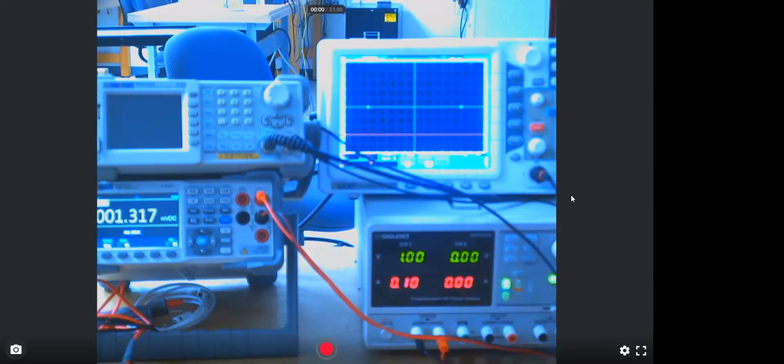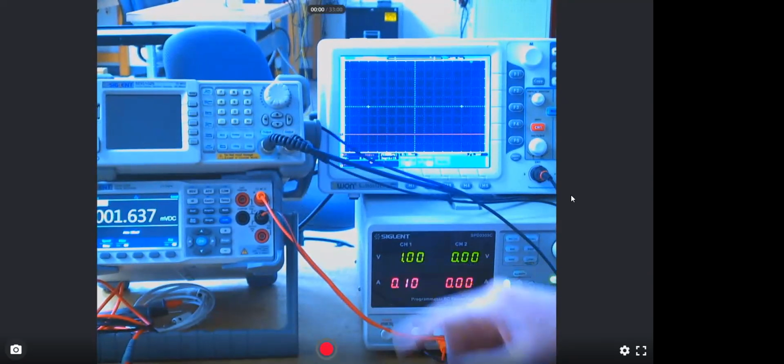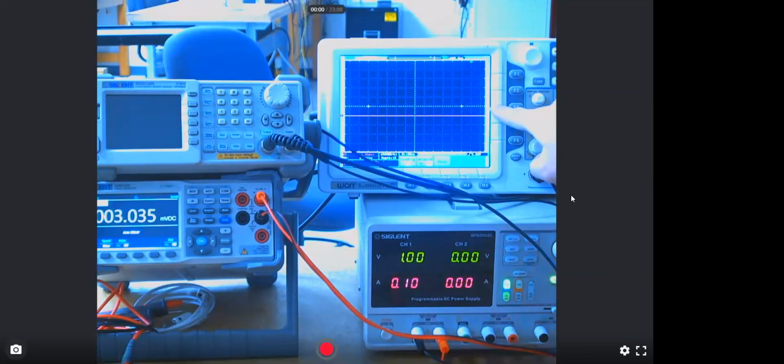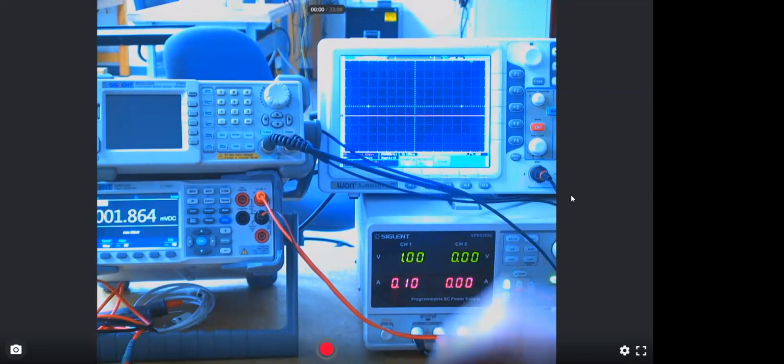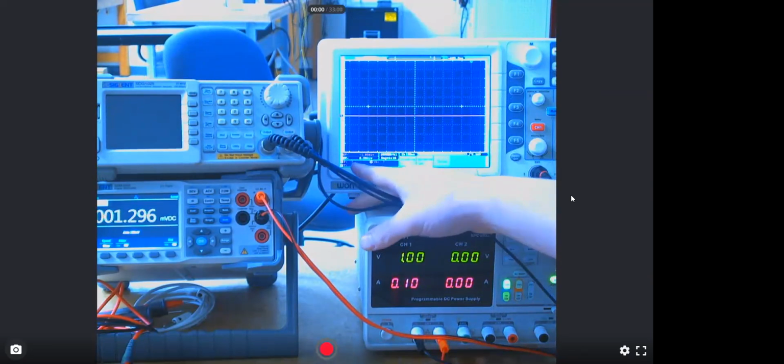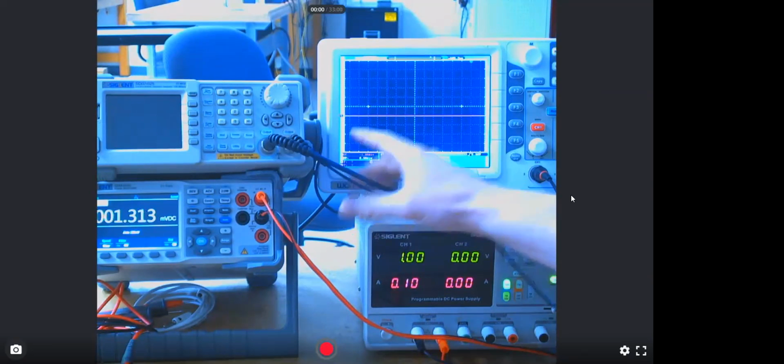I have my power supply at 1 volt DC, and I hook my scope up color for color, so positive to positive, negative to negative, and I'm at 1 volt per division.